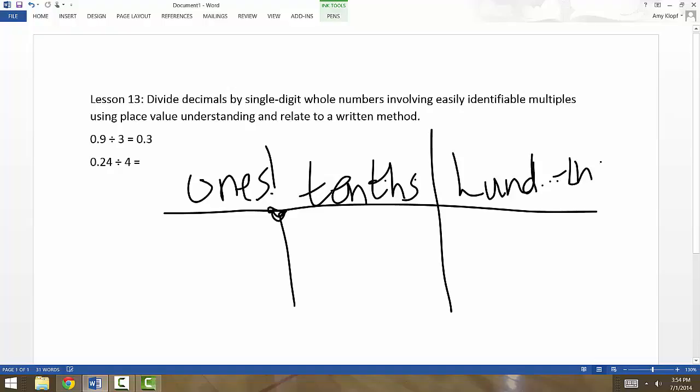The next problem. Making sure we make our area model and showing our whole, we're multiplying by 4.